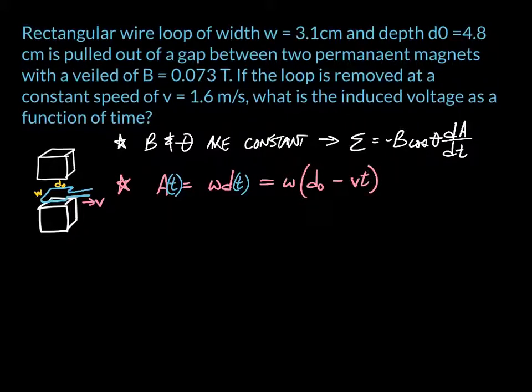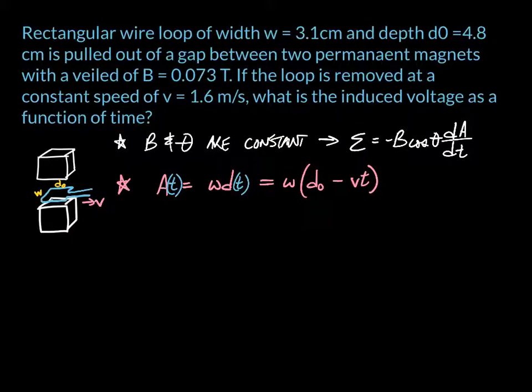So I know the area of the loop that's still in the field is decreasing because I'm pulling the loop out of the field. And so I can use the speed of the loop coming out of the field as a way to measure how much the depth is at any given time. The width will be constant, but the depth will be changing, therefore the area is changing.